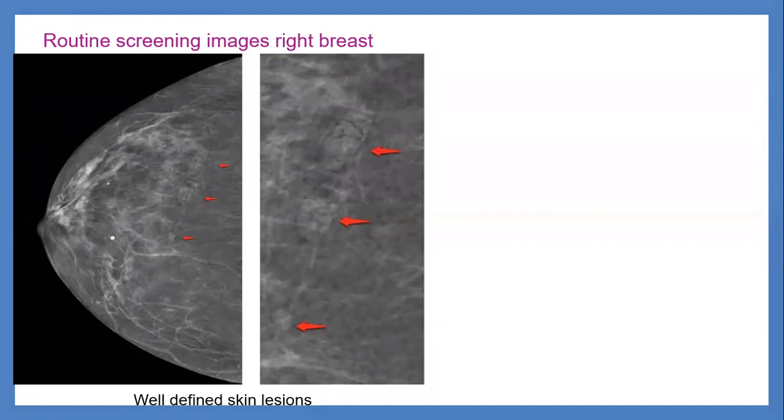You have a mammogram and a spot magnification view, and this is a skin lesion. I need another volunteer to tell me why these are multiple skin lesions. Why are these skin lesions?